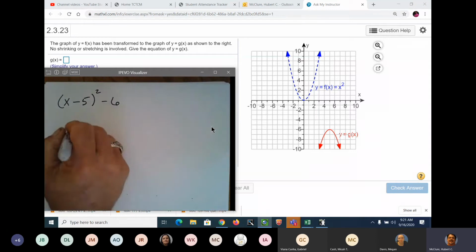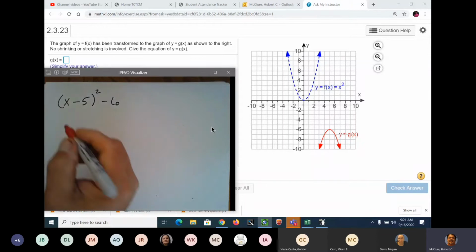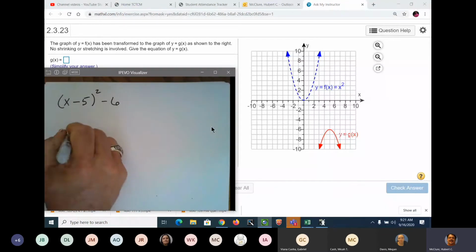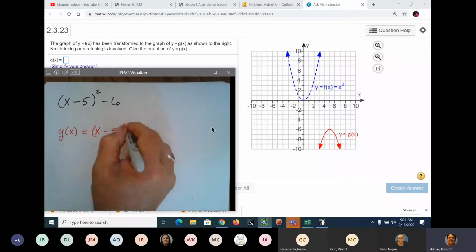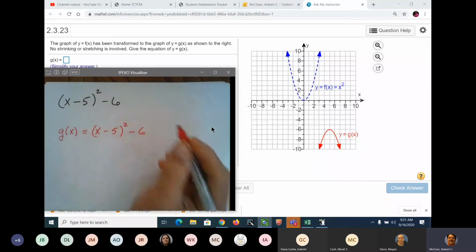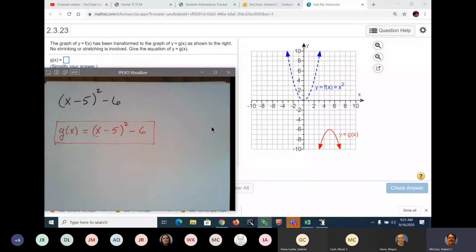So the red function should be g of x is equal to x minus 5 quantity squared minus 6. And remember, as I told you that day in class, the horizontal shift is always the opposite. So if you've got one going to the right, that means it's going to be a negative 5.